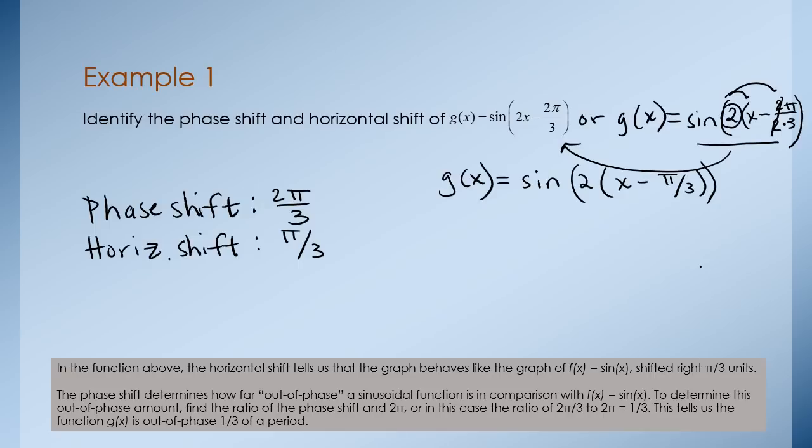To determine this out of phase amount, find the ratio of the phase shift and 2 pi, or in this case the ratio of 2 pi over 3 to 2 pi, which equals 1/3. This tells us that the function g of x is out of phase 1/3 of a period.